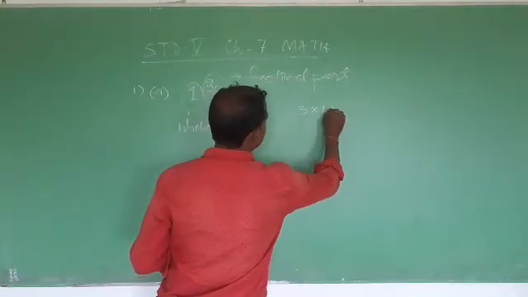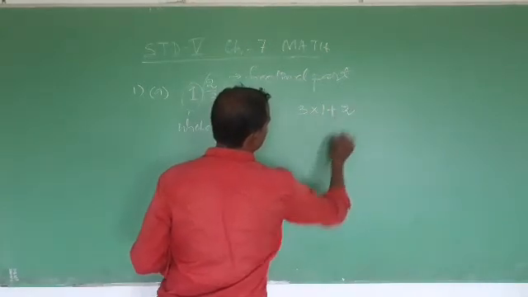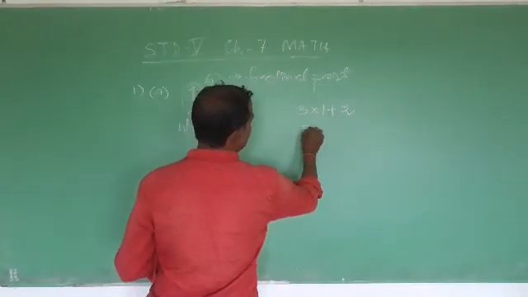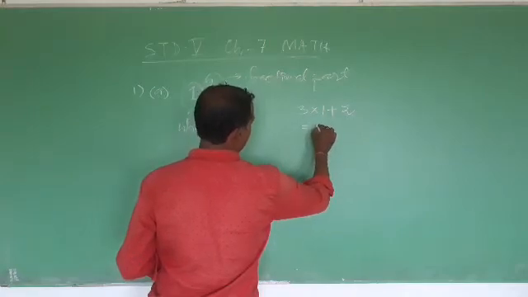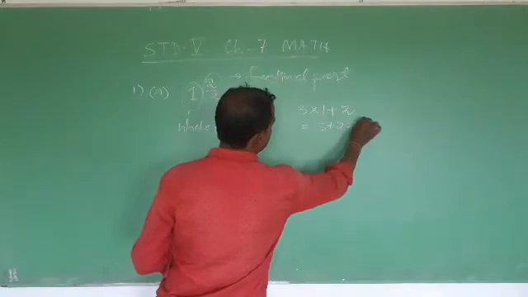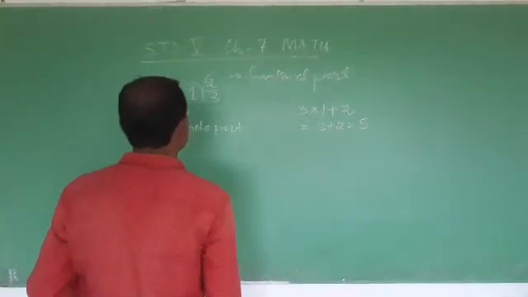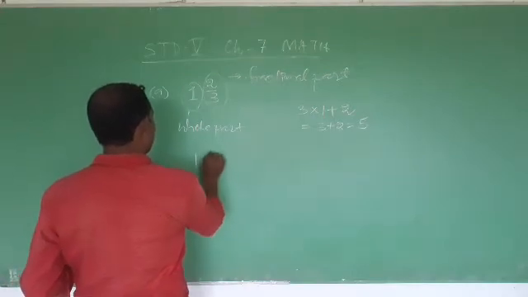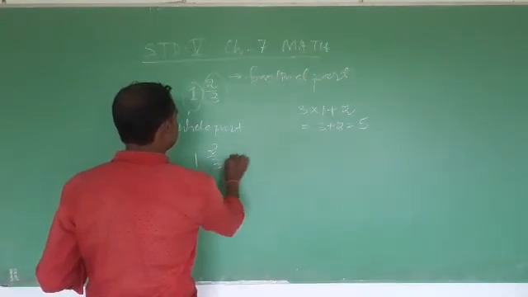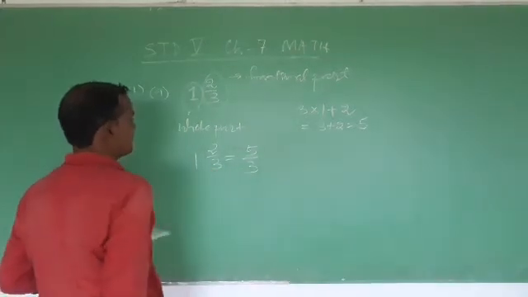Now you add the numerator. What is the numerator? 2. So it will be 3 into 1, 3, plus 2 equals 5. So 1 whole 2 by 3 can be written as 5 by 3.